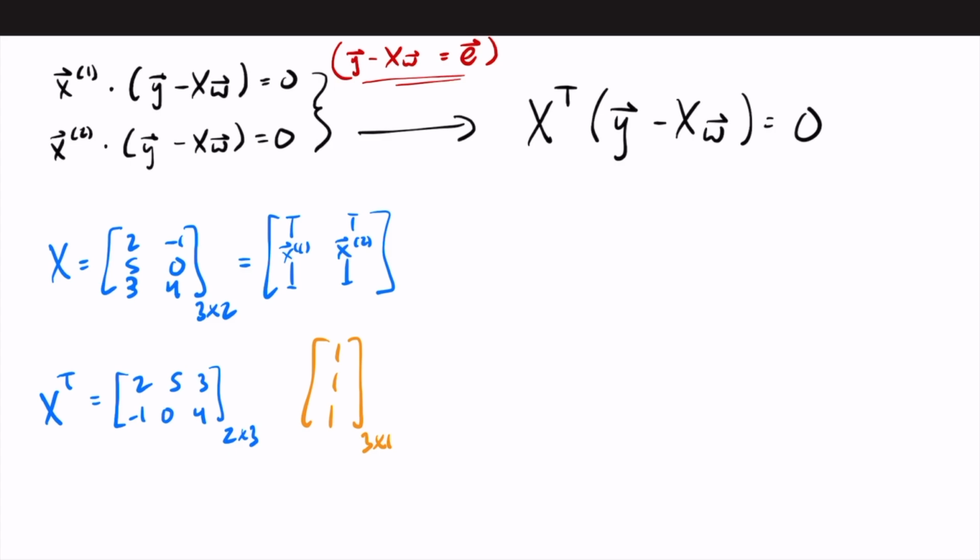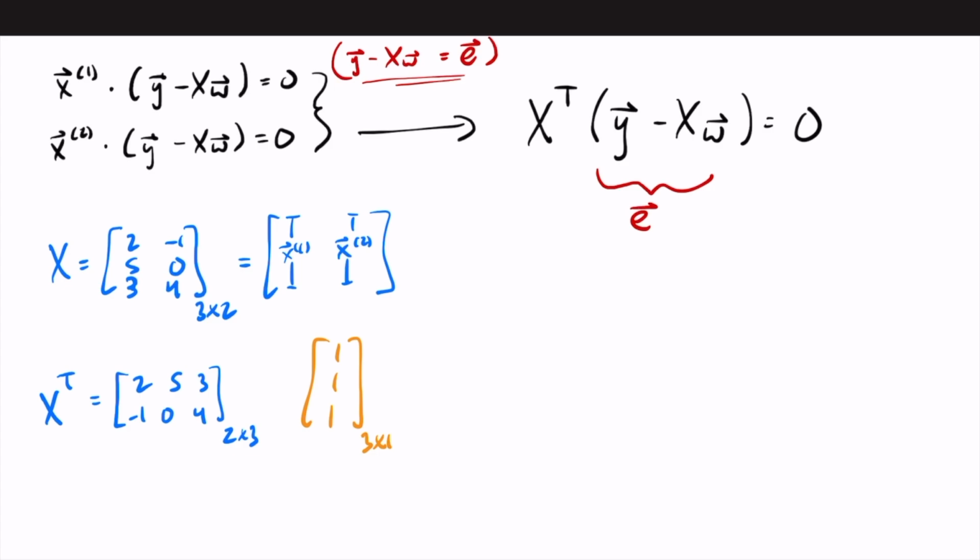So what does this look like now? Well, remember this is our error vector that we're trying to determine how to make orthogonal to our x's.